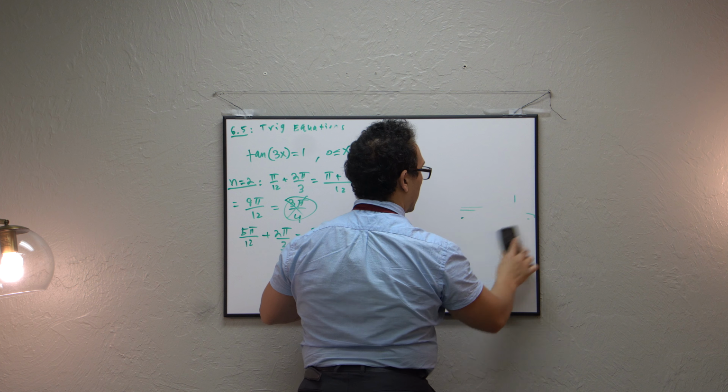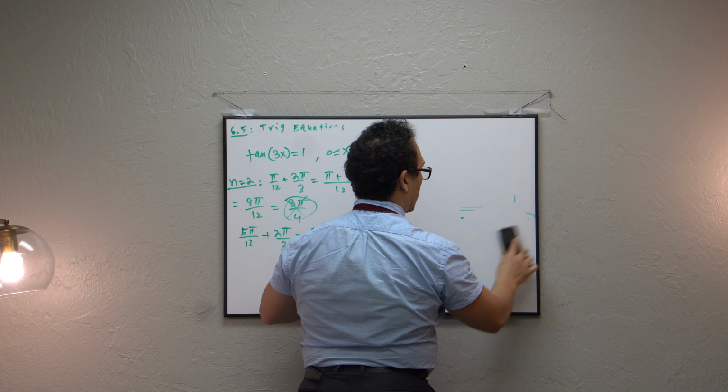So this reduces to 17 pi all over 12. This is not a redundant value, so we're going to pick it. Furthermore, this value still lies within the restricted interval because 12 goes into 17 once, but not twice. 12 only goes into the number 24 twice. And so we have not exceeded the valid answers yet.